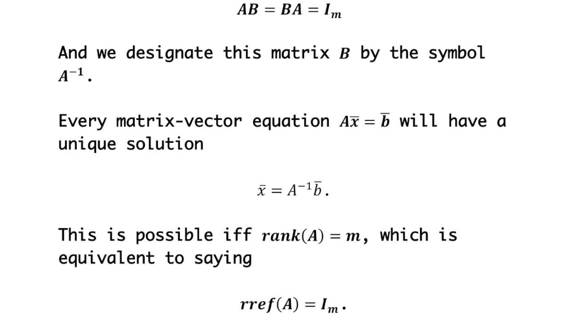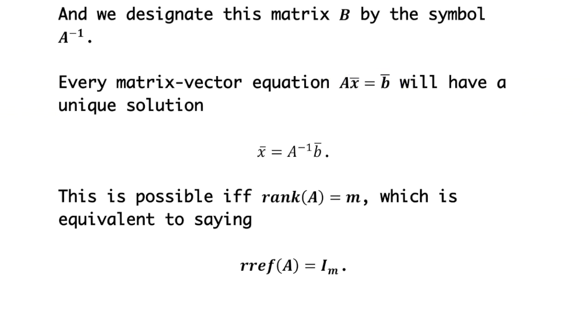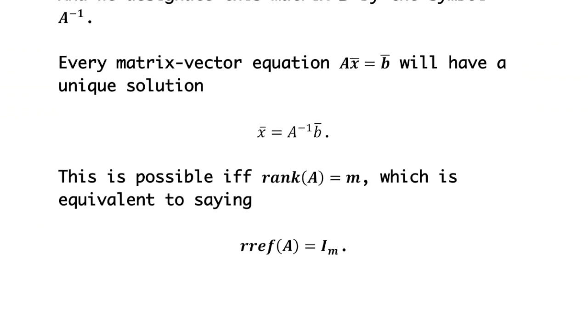Now, you're always going to have unique solutions in a case like this if and only if the rank of A is actually equal to m. Remember, A is an m by m matrix. This is equivalent in turn to saying the reduced row echelon form of A is equal to the m by m multiplicative identity.